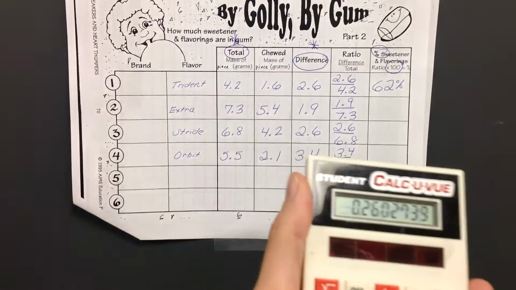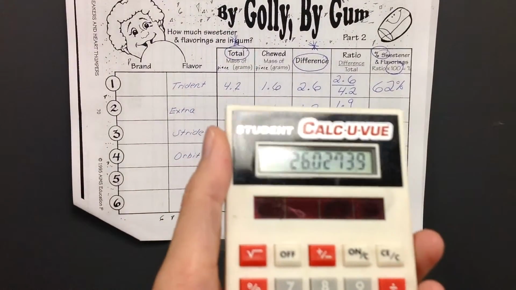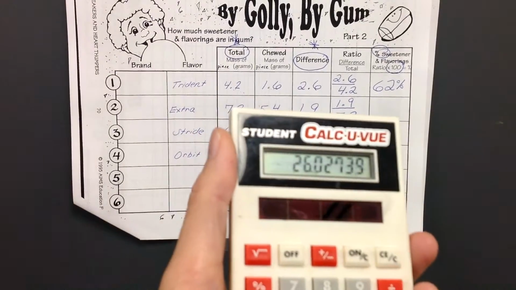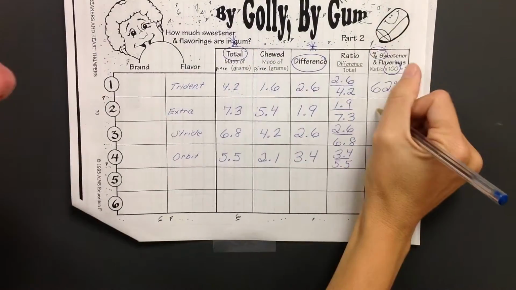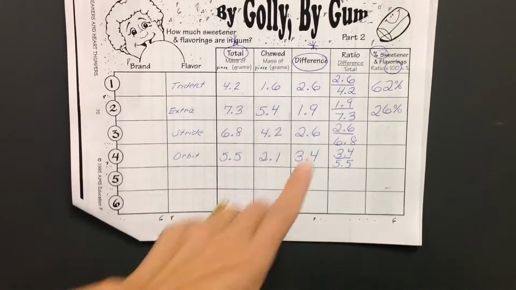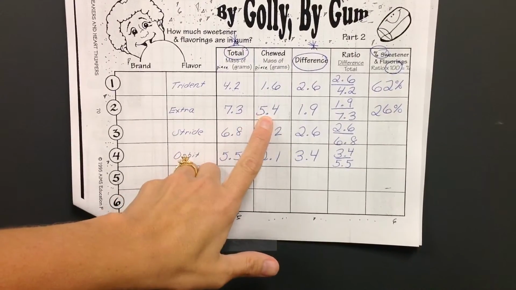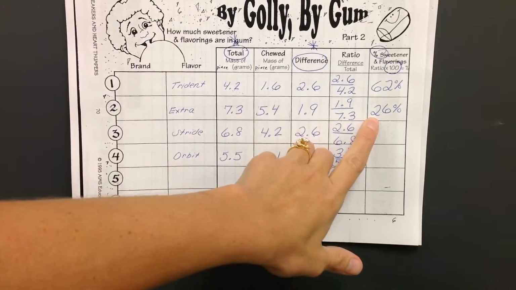So I'm going to times 100. See my screen? Probably a glare once again. 26.0. Definitely no reason to round up here. We're going to keep it at 26%. That looks pretty reasonable too. When you look back at it, 7.3 to 5.4, not much of a decrease, right? Therefore, that number should be smaller.